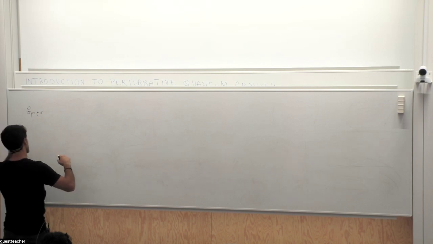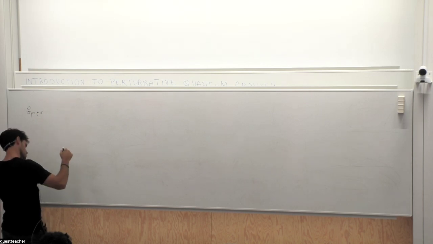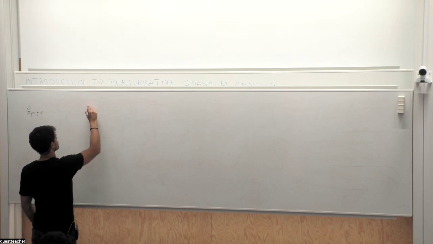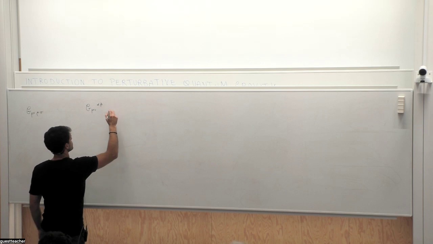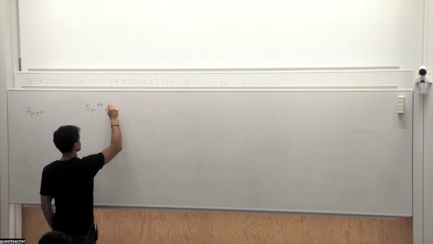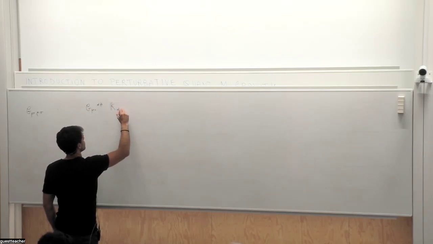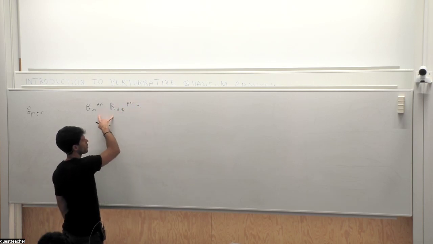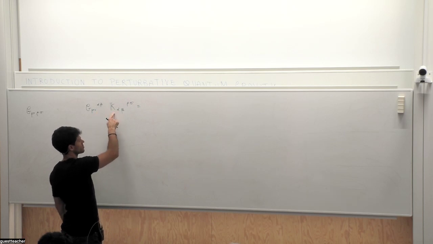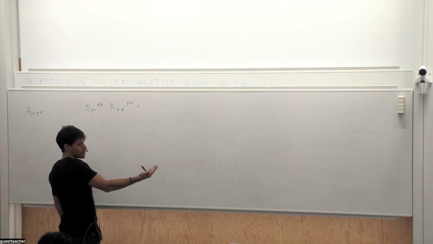And the propagator will be defined as basically the solution of this equation. So this product, if G is the inverse of K, has to give an identity.